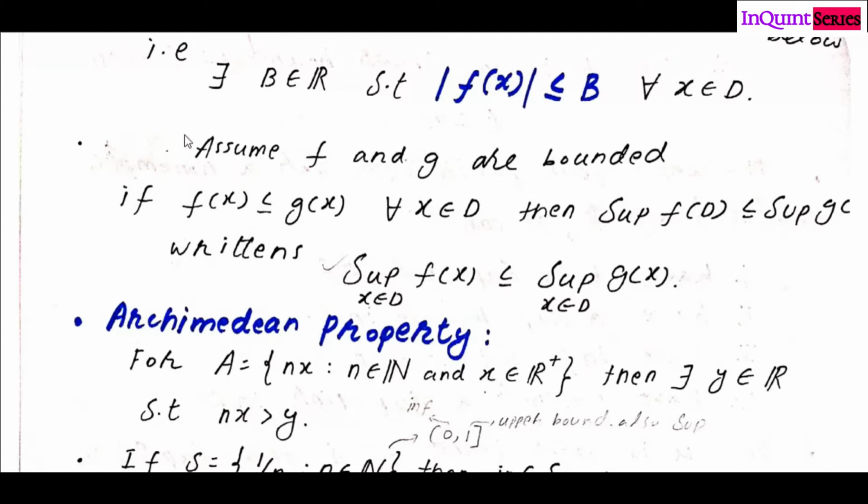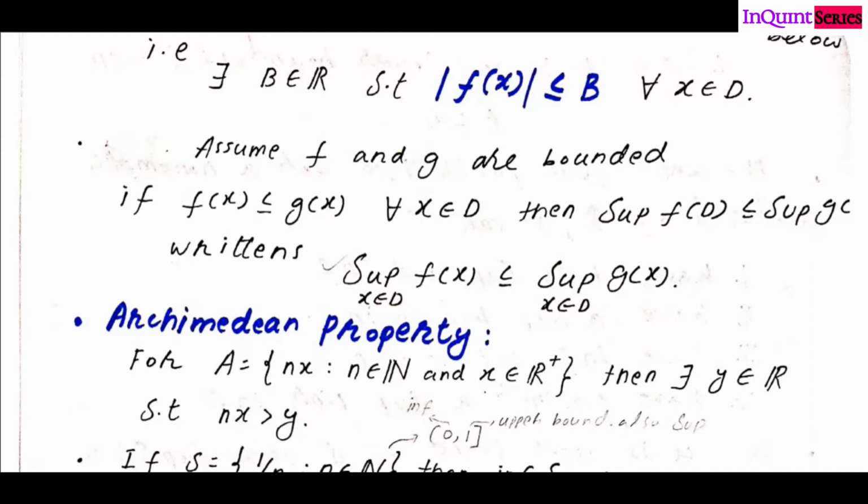If f of x is less than g of x for all x belongs to the domain, then the supremum of f of D is less than or equal to the supremum of g of D. You can also write it as the supremum where x belongs to the domain D of f of x is less than or equal to the supremum where x belongs to D of g of x. You can also prove it or check it with the help of an example by taking the supremum of those functions.